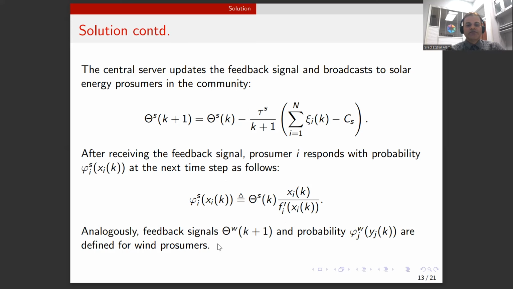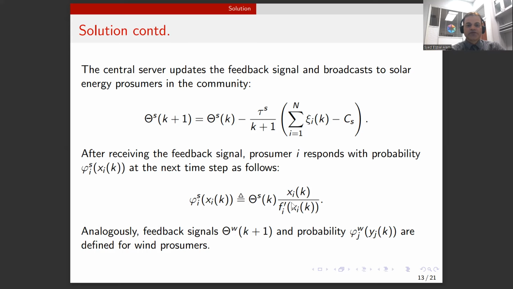Similarly, we can calculate the feedback signal theta_w^(k+1), which is calculated by the central server and sent to the community. After receiving this feedback signal, the prosumers with wind turbines calculate their probability and decide whether they should be active and participate at the next time step or not.